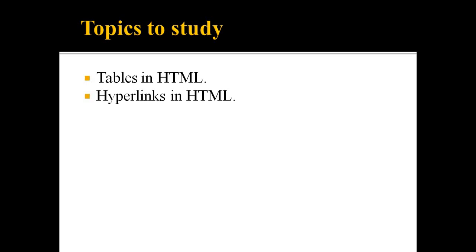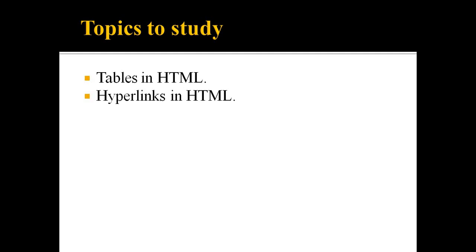Table means how to design particular data for storing records inside it. We are going to see how to design that form of table for the content on a web page in HTML.